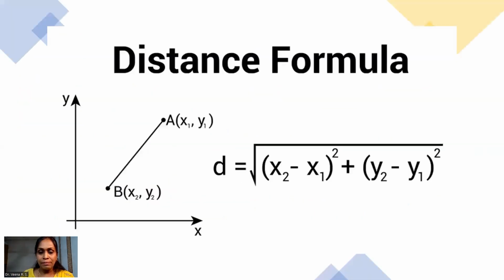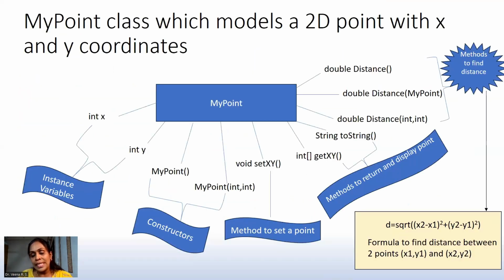So you can see here, these three are distance methods I have listed as members of the MyPoint class, in which the first method is distance without any parameters, which is going to return a double value. What is meant by double value here is that the distance between two points will be calculated, and that calculated value will be returned back to the position or control from where it has been called.